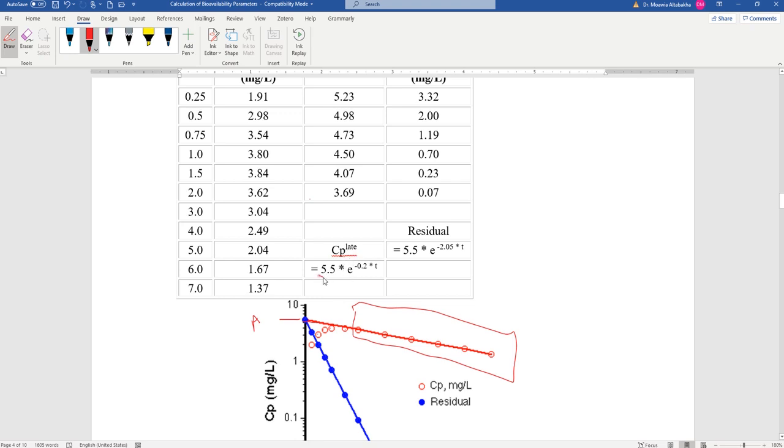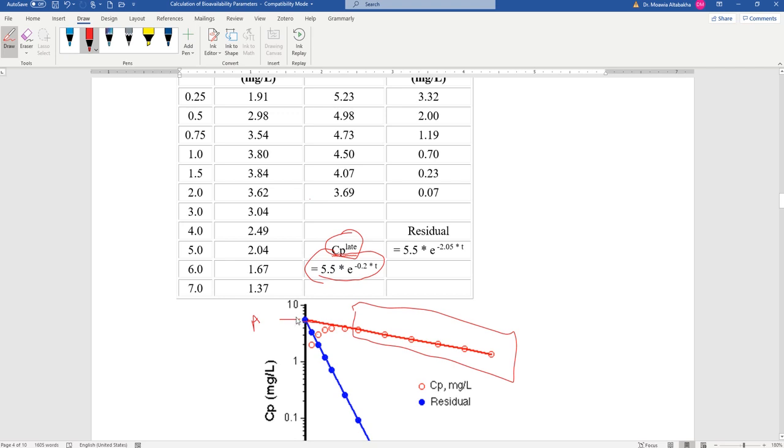Of course, what you see here is the CP late. It tells you that CP late equals 5.5 times e to the power of minus 0.2 times t. Of course, how did they find this? Because CP late is A times e to the power of minus KL times t. A, here they read as 1, 2, 3, 4, 5.